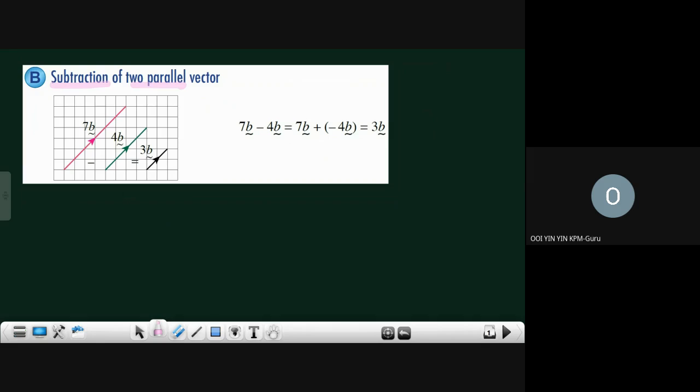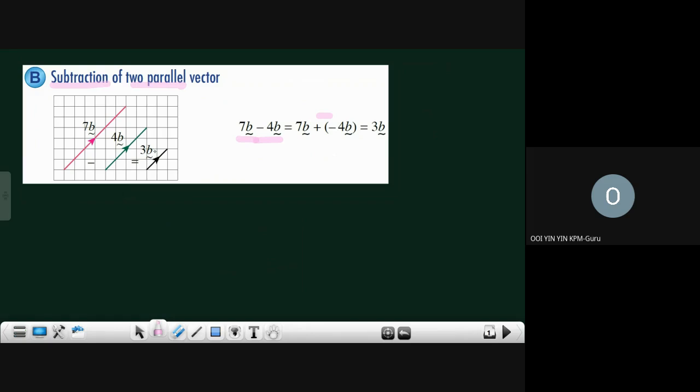Okay, you have one vector 7b, and then you want to minus 4b. Another vector 4b like this. So it will be 7b minus 4b. We can also write it as 7b plus negative 4b. This plus minus will finally give you minus, which is actually like the first part here. Then the final result is 3b.